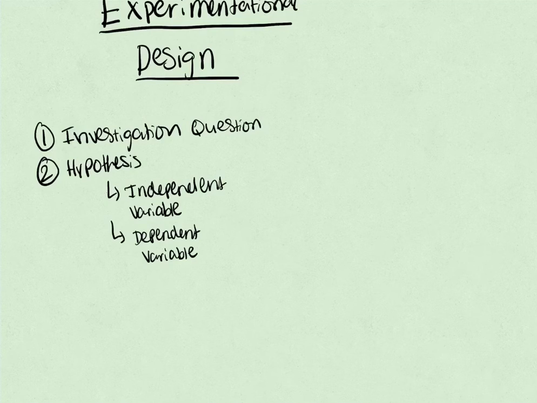Now, to write a good hypothesis, you need to create an if-then statement which encompasses the independent variable and the dependent variable, explaining what might happen in this experiment. This experiment should either prove or disprove your hypothesis. That's really important.